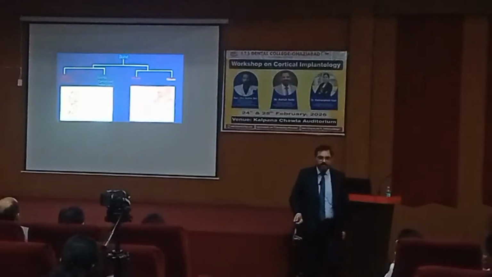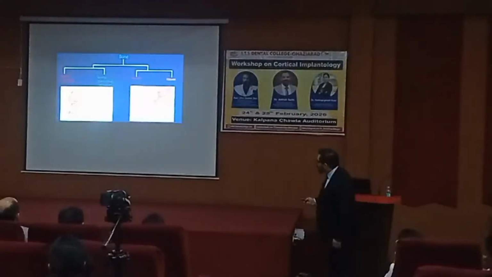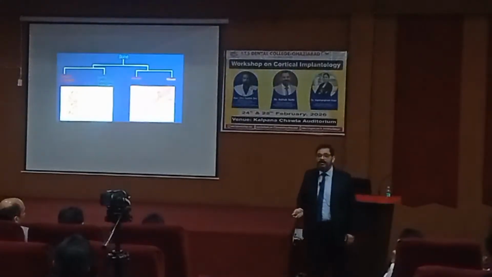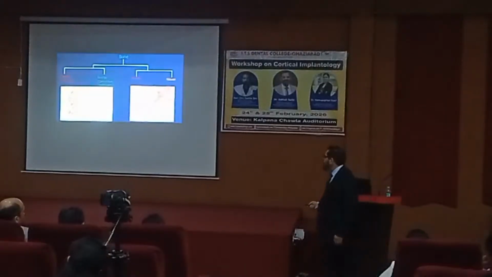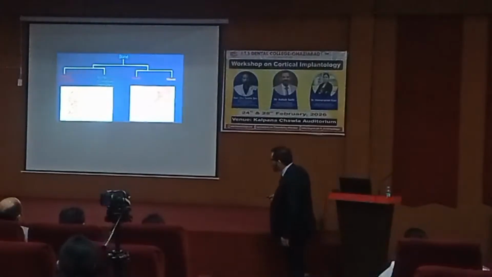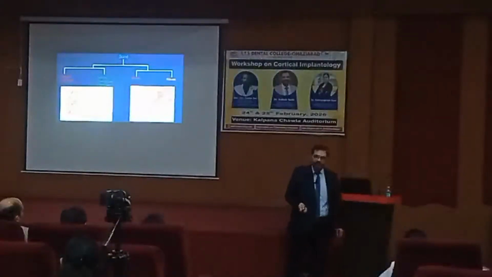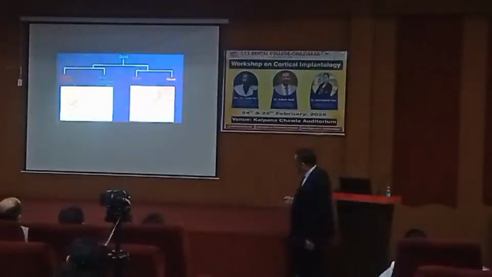But the bone around this is your cortical bone. So you have to engage your implant into the cortical bone. If you place your cortical implant into this network, it's going to fail.